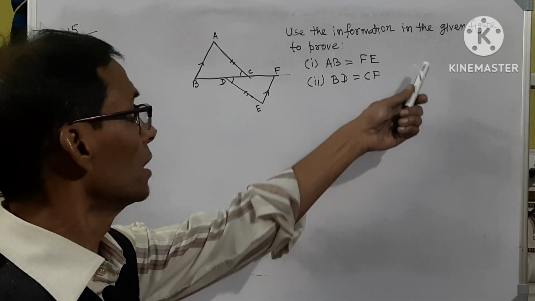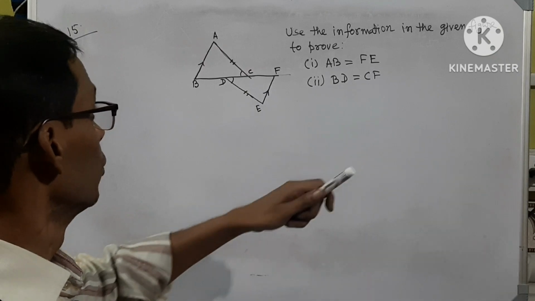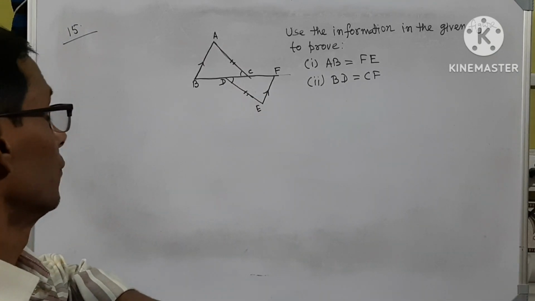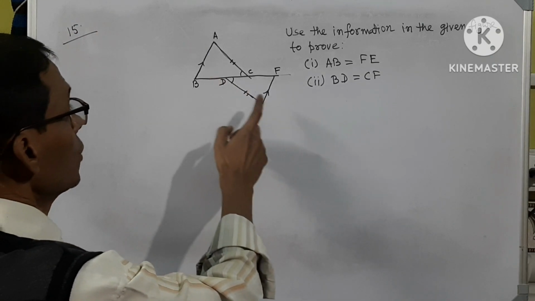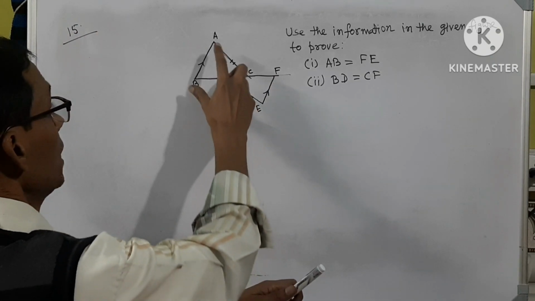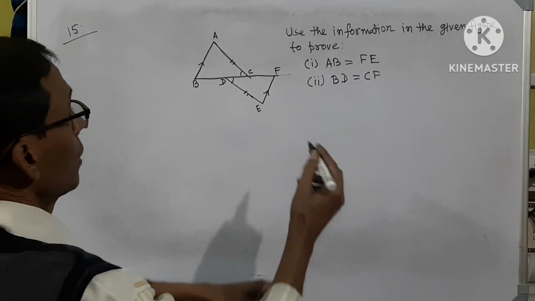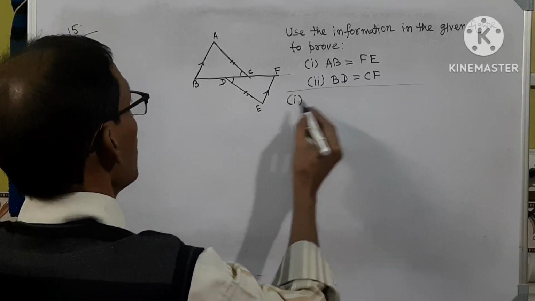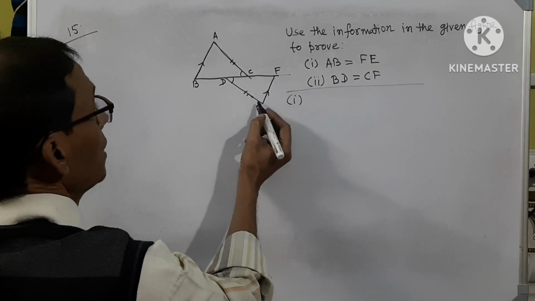Using the information in the given figure, you have to prove AB equal to FE and BD equal to CF. Okay, let's prove the first one. AB and FE.